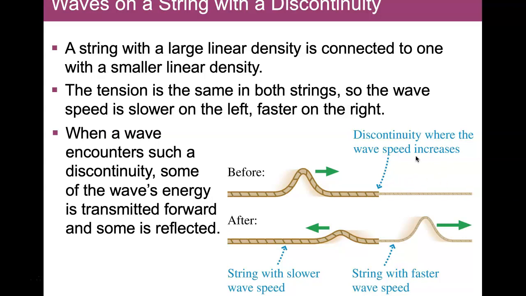Remember, the speed was the square root of tension over linear mass density. So smaller linear mass density means less inertia, means faster speed. Then the pulse just gets reflected. It kind of looks similar. So if it's a pulse that's upward like that, it gets reflected as an upward pulse like this.